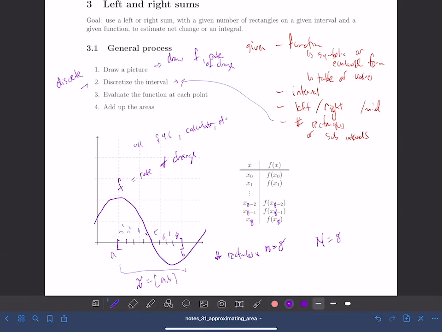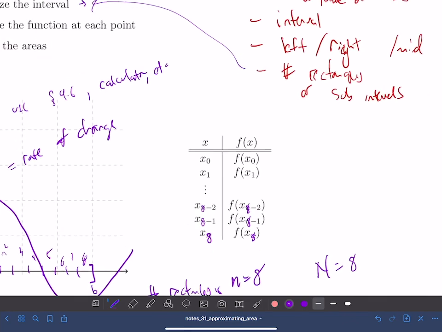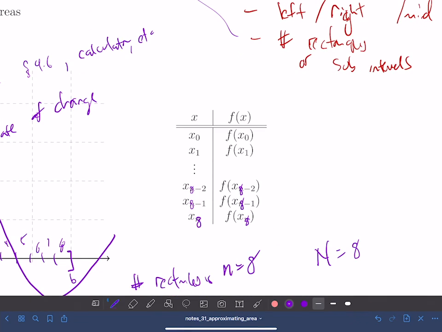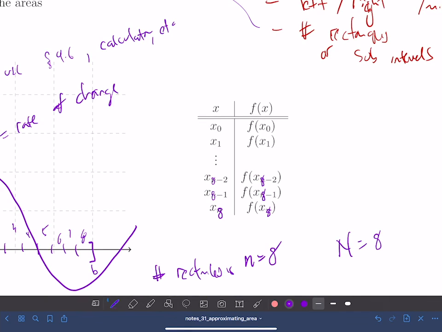I'm going to evaluate my function at each point, and I really like to build this table. If you haven't noticed, I really like building tables. And so in the left-hand side over here, these are the endpoints of the intervals.